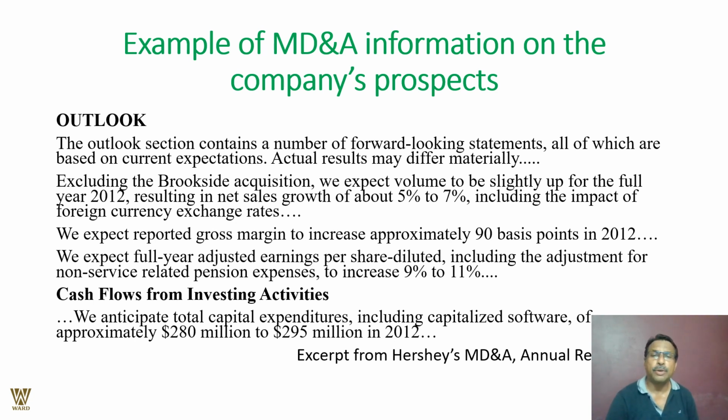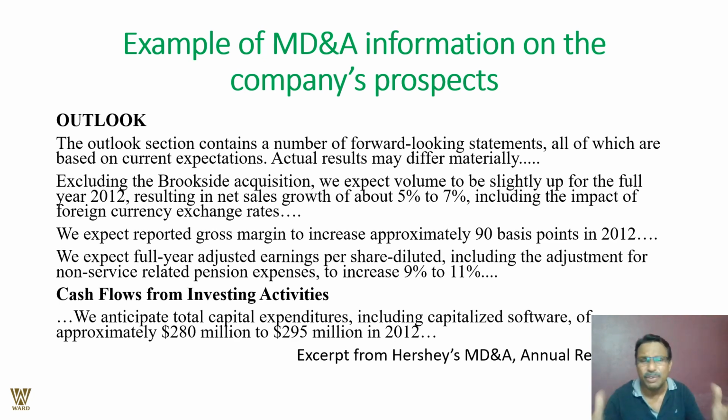We expect reported gross margin to increase approximately 90 basis points in 2012. We expect a full year adjusted EPS dividend, including the adjustment for non-service related pension expenses, to increase over 9 to 11%. Cash flow from investing activity, we anticipate total.